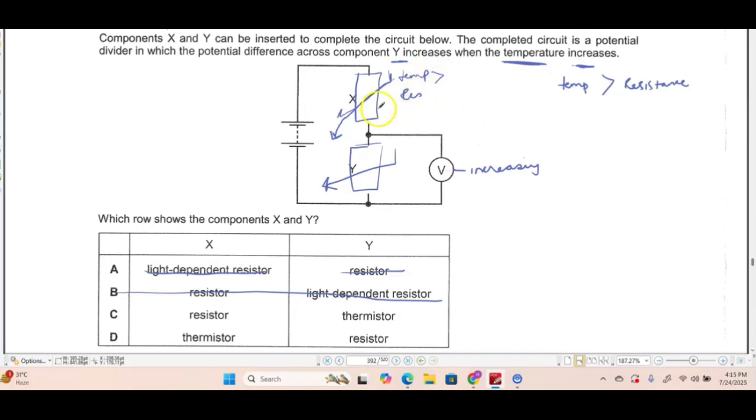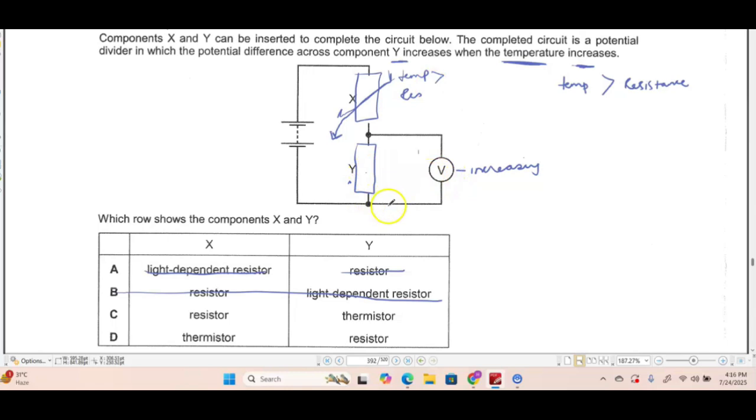And when the resistance over here decreases, the resistance in the normal resistor increases, and so does the potential difference across this resistor.